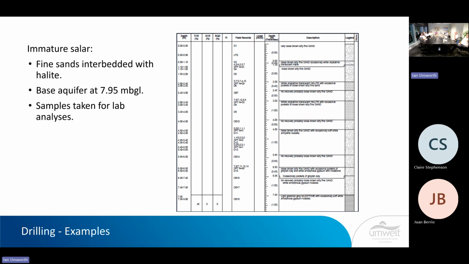So in that case, we did manage to get a bunch of samples from the sands to central lab analysis, which we'll come to later. So we're sampling the formation as well as the fluid.